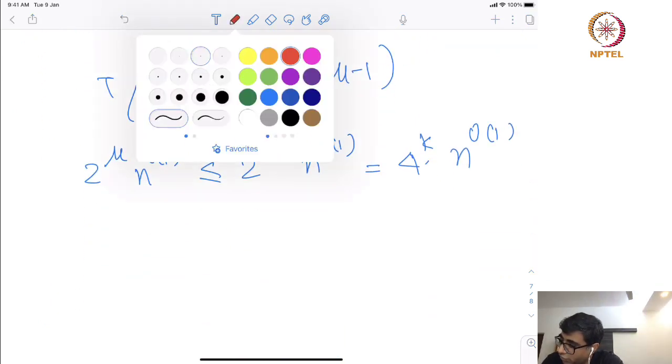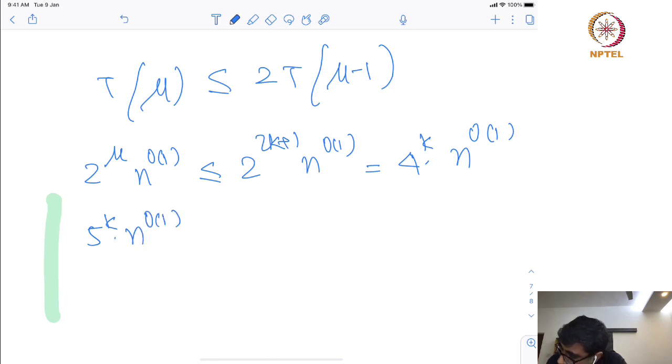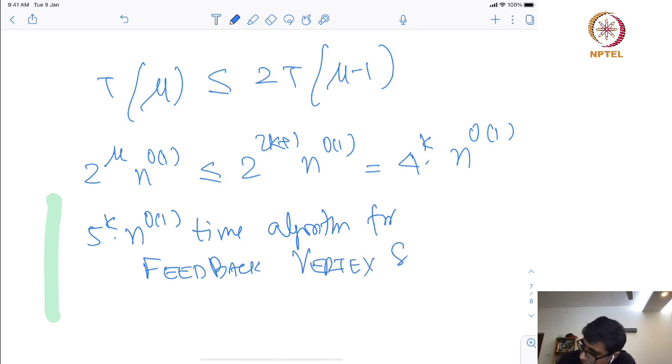Now, by using the general methodology, what do we get? We get a 5 power k n to the power big O of 1 time algorithm for feedback vertex set.